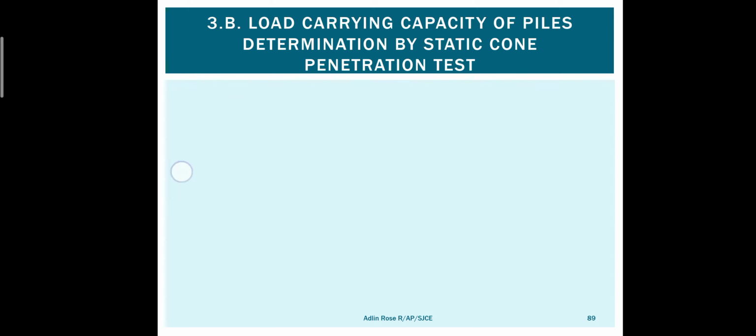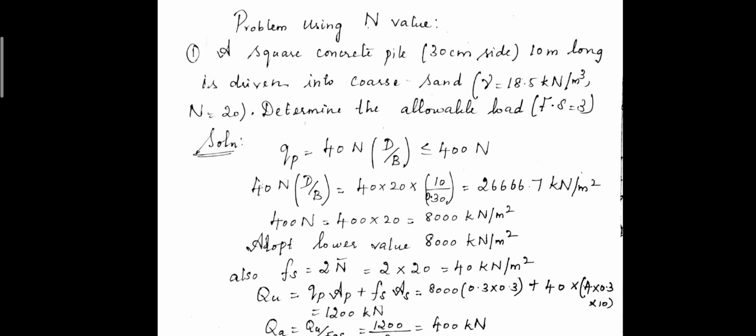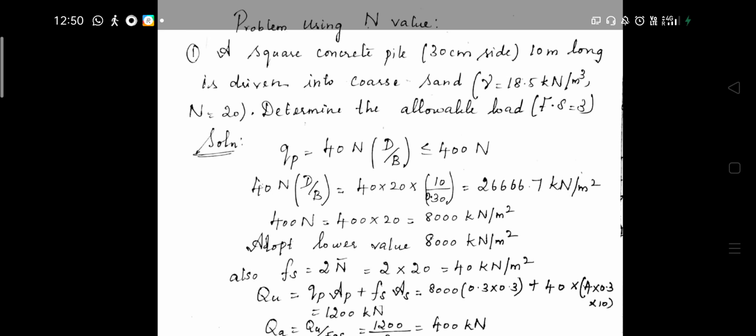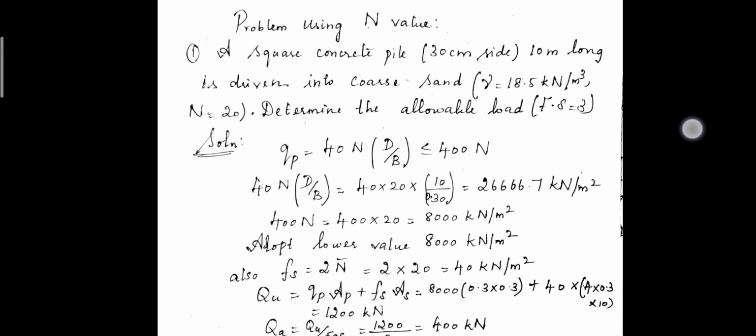We will use these formulas for solving problems. Based on the cone resistance value obtained from the static cone penetration test, these are the formulas for point resistance and unit skin friction. So we have a formula based on the standard penetration number.